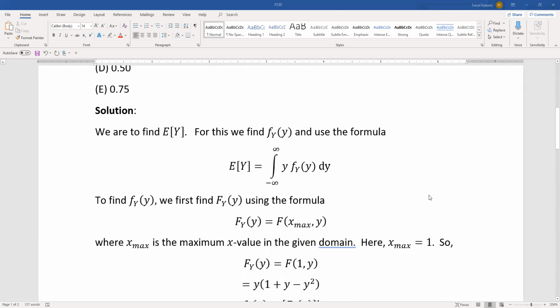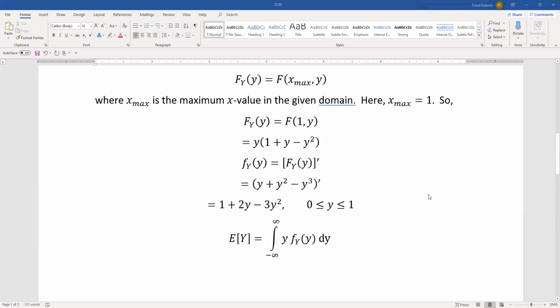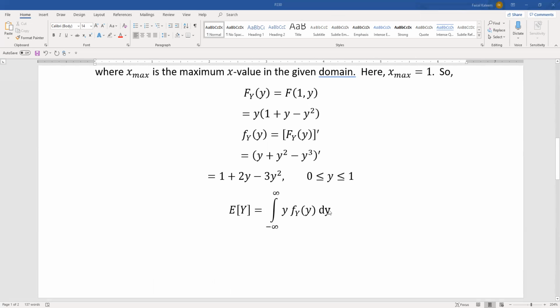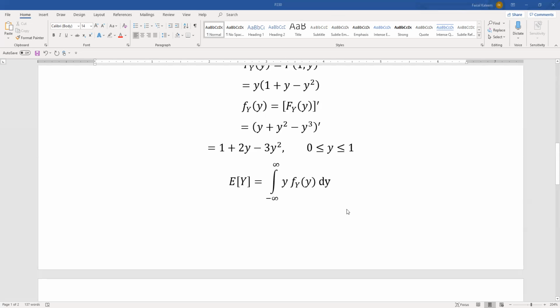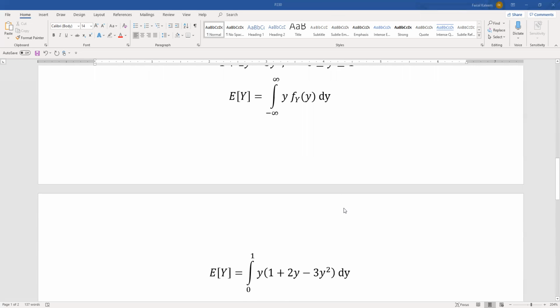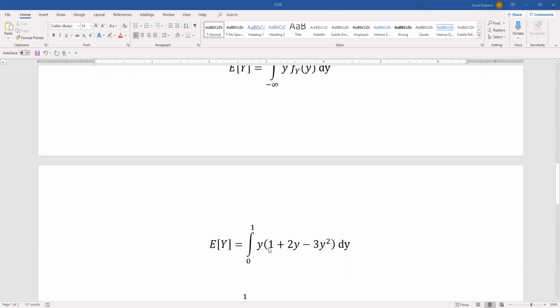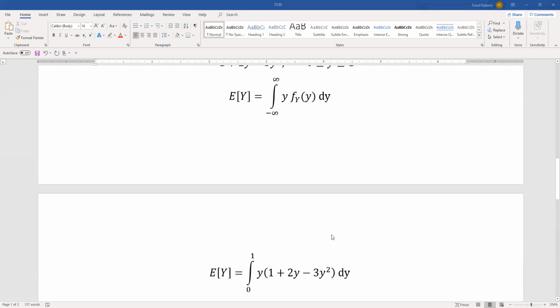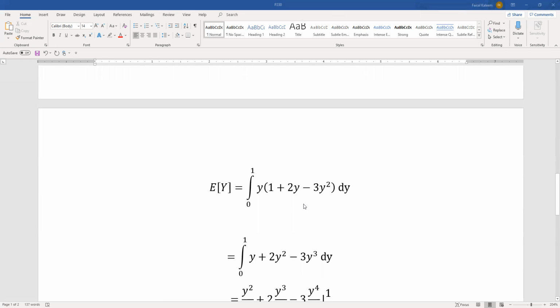As we said, the general formula for the expected value of Y is the integral of y against the marginal PDF of Y, and here y goes from 0 to 1. So y times the marginal PDF.